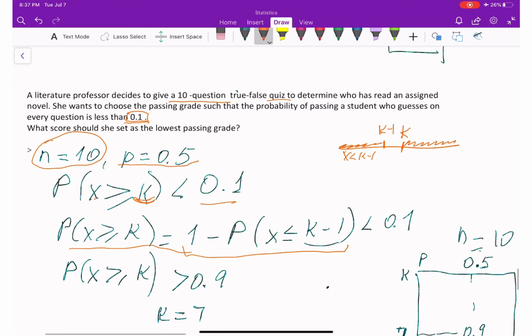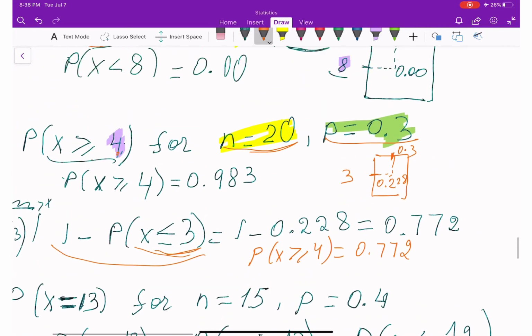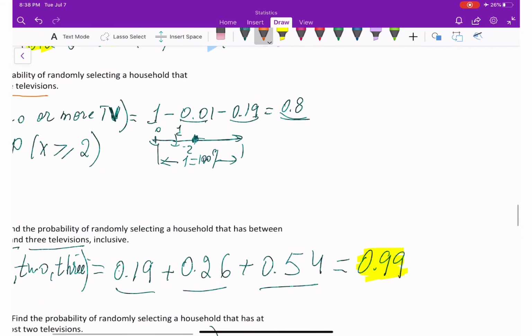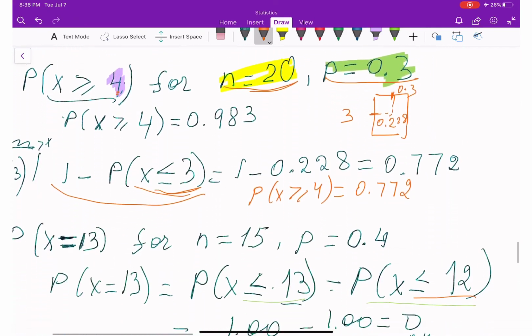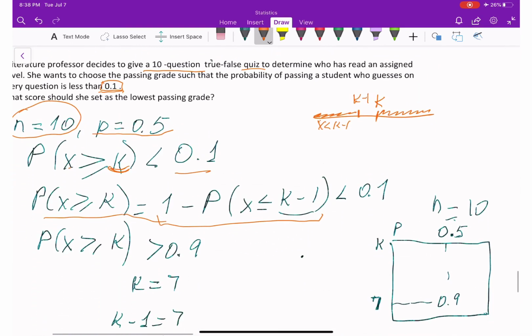Because if it's 13, then it has to be less than or equal to 12. So if it's greater than or equal to K, then I have to take less than or equal to K minus 1, by one number less.